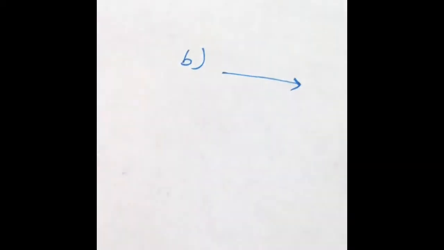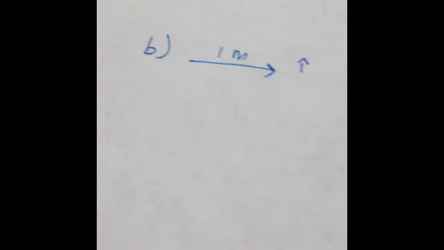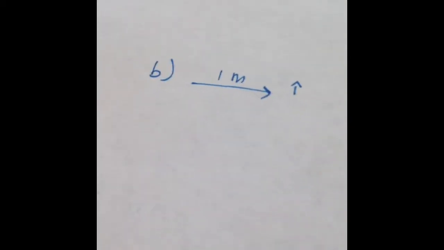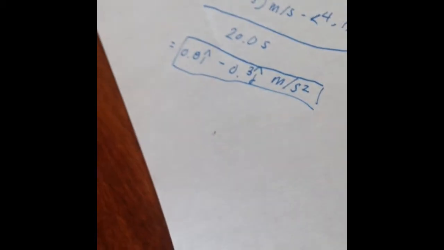So now for part B, they're asking you to find the direction of acceleration with respect to the unit vector i. So the unit vector i is just a magnitude of 1 in this direction, and it's obviously in the i direction, which is kind of like the x component. So you're finding the direction between this vector and the vector that we found over here, which was the acceleration vector.